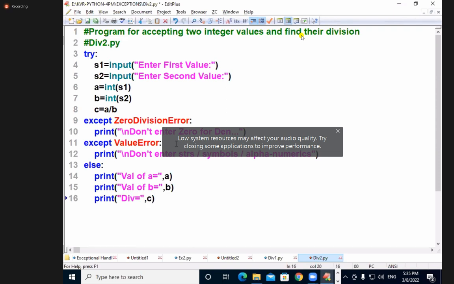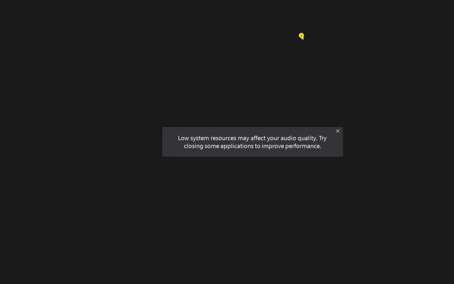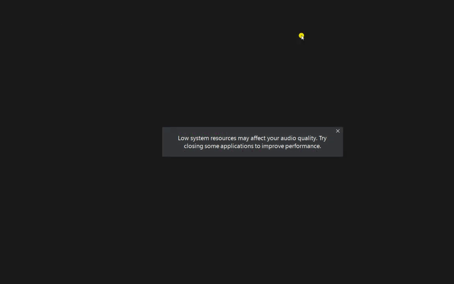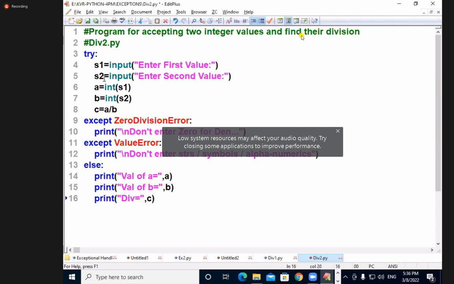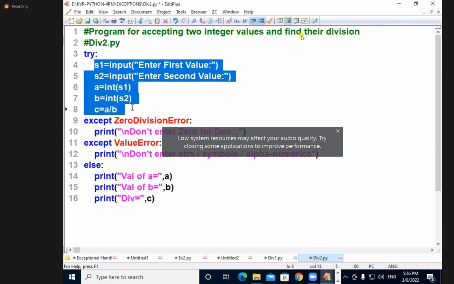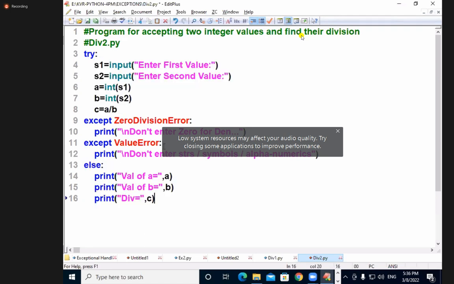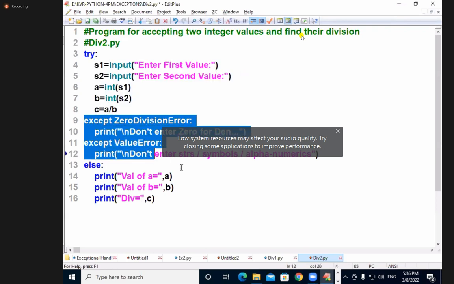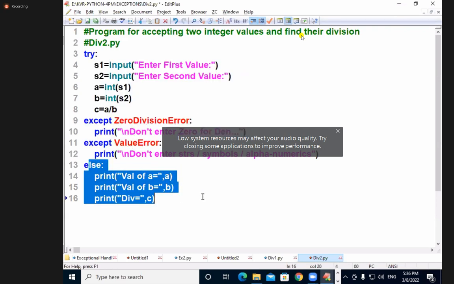Tell me, when will the else block execute? You have to catch this intelligent point. Successful execution, Ranjan, very good. At successful execution time, which block will execute? If no exception occurs in the try block, straightforward the PVM comes to the else block. If any exception is occurring, which block will it go to? And at that time, which block will not execute?